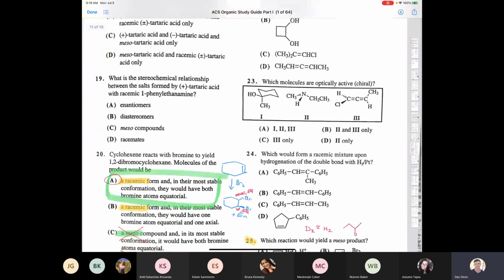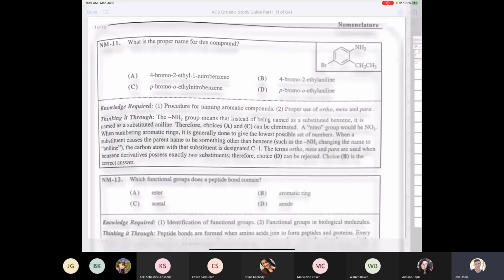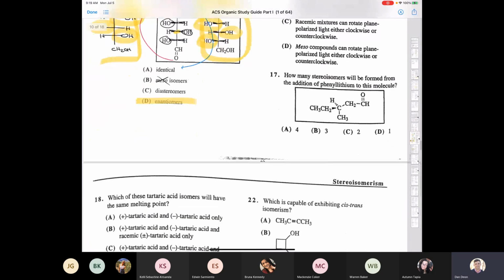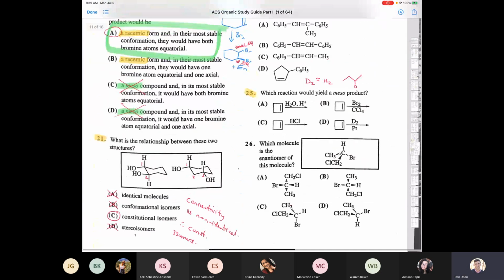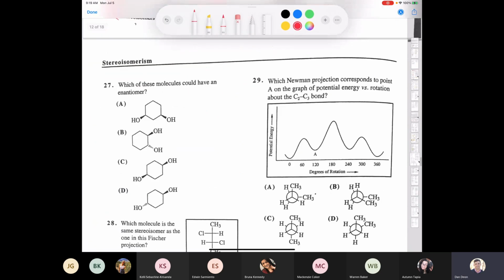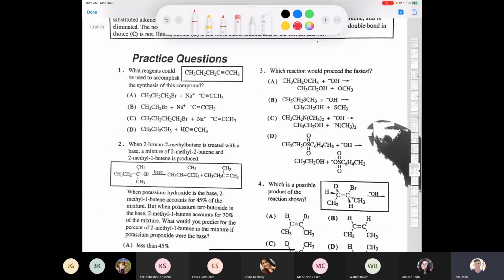So we covered all the section on stereoisomerism. So again, the answer to this one was, where was the question? This one is the meso compound. And so next we're going to look at substitution and elimination, which is this section here.